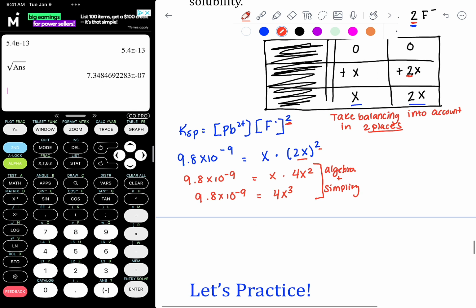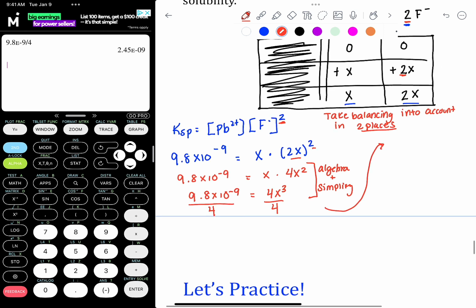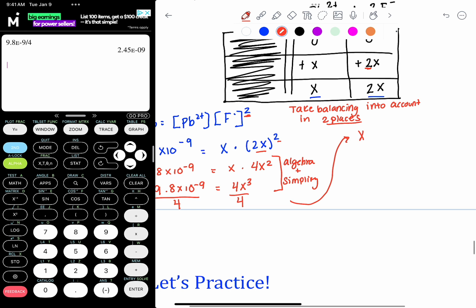To solve for x, we have to do this in a couple steps. We're going to take 9.8 times 10 to the minus 9, and we're going to divide that by 4. I'm going to divide both sides by 4. So then I'm going to move this up here. I get x cubed is now equal to 2.45 times 10 to the minus 9.